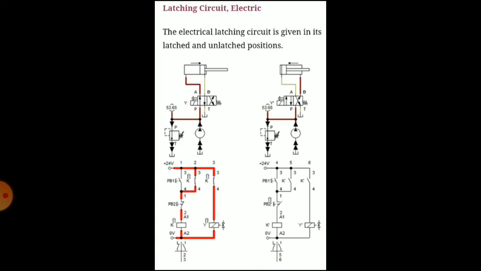So in a latching circuit, you do not have to operate the push button every time. Once you press the push button, all the cycles are repeated in a latching circuit.